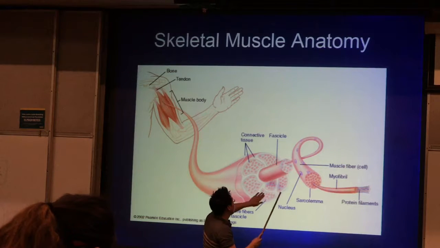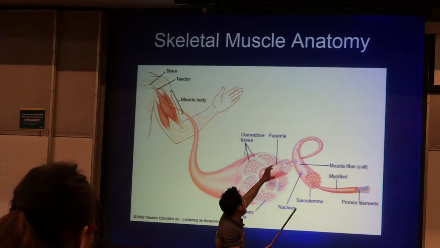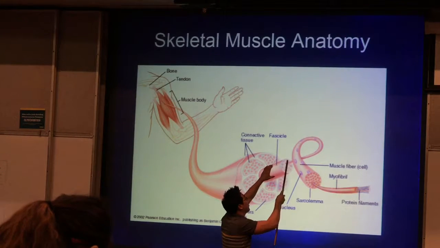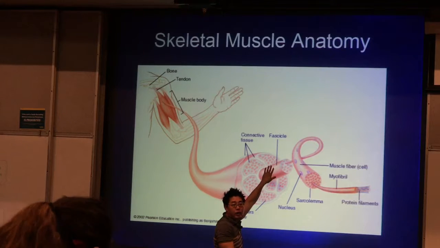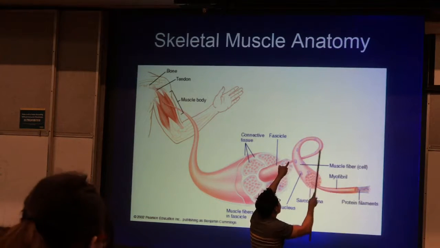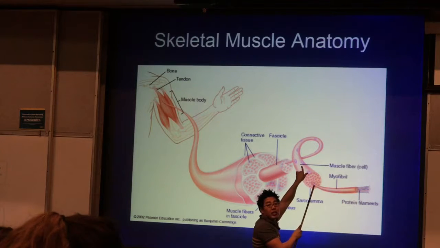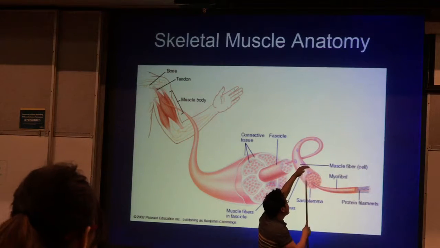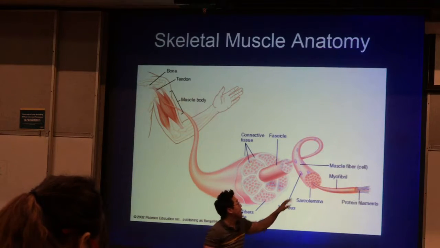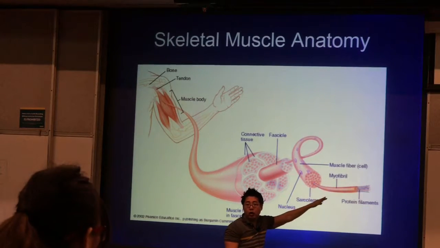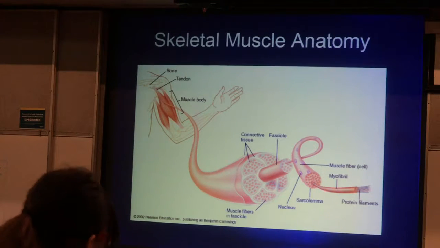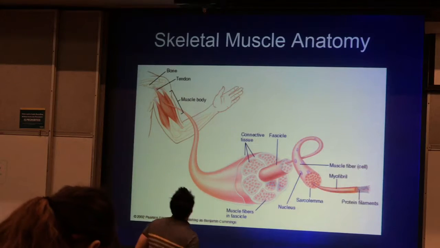Then your fascicles are made up of a bunch of muscle fibers, and your fascicle is surrounded by what type of connective tissue? Perimysium. And then you've got your individual muscle fibers, or muscle cells, and they themselves are surrounded by endomysium. It gets smaller inside. There are going to be these myofibrils and contractile filaments. But for now, that's where we're at.